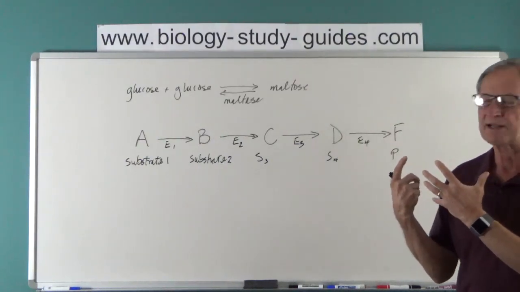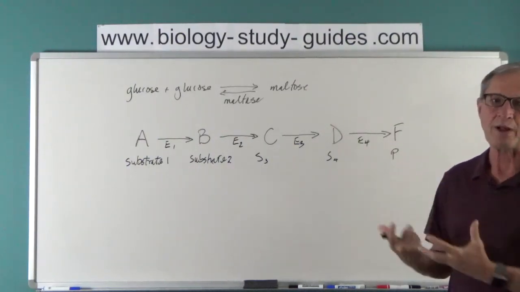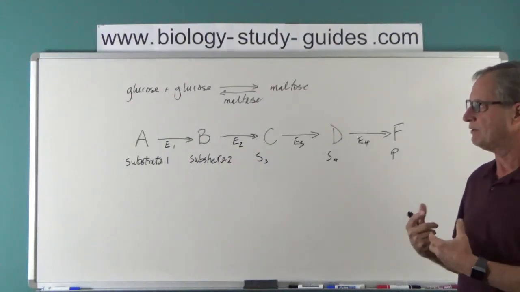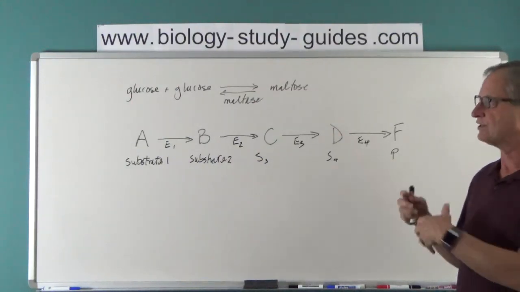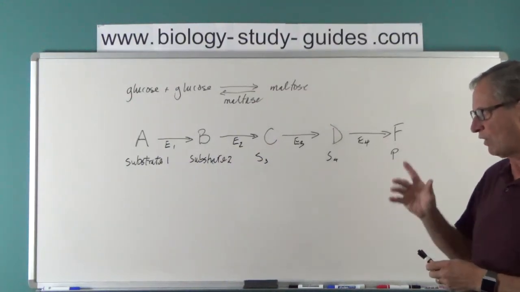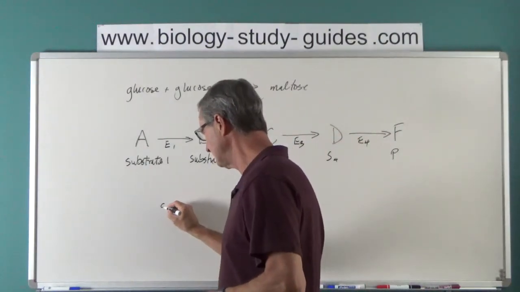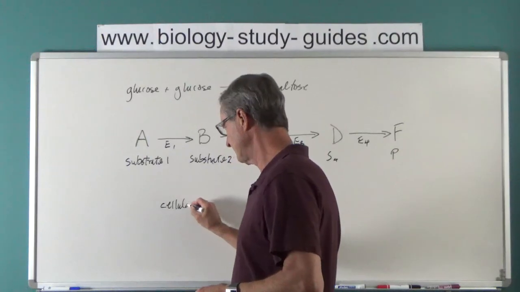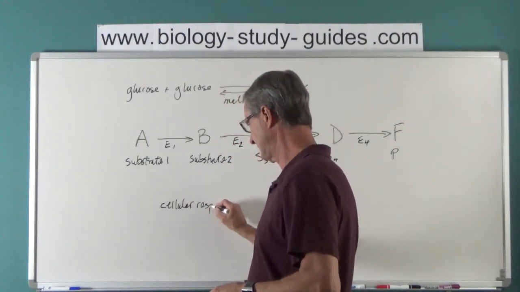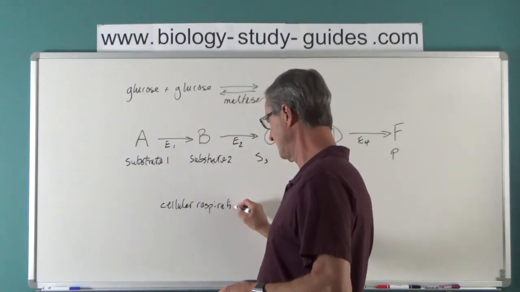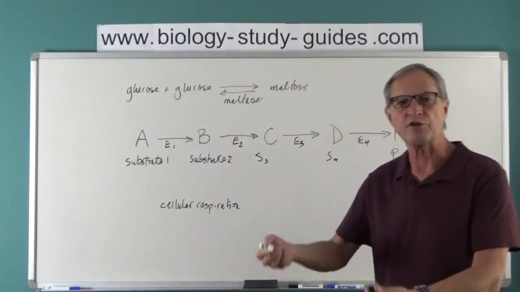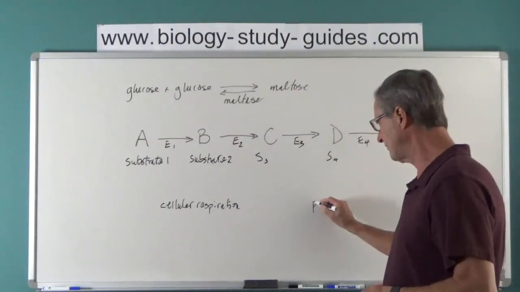I want to take a really well-known example and present that to you as an illustration of this. What we know is this. We know that cellular respiration is basically the reverse reaction to photosynthesis.